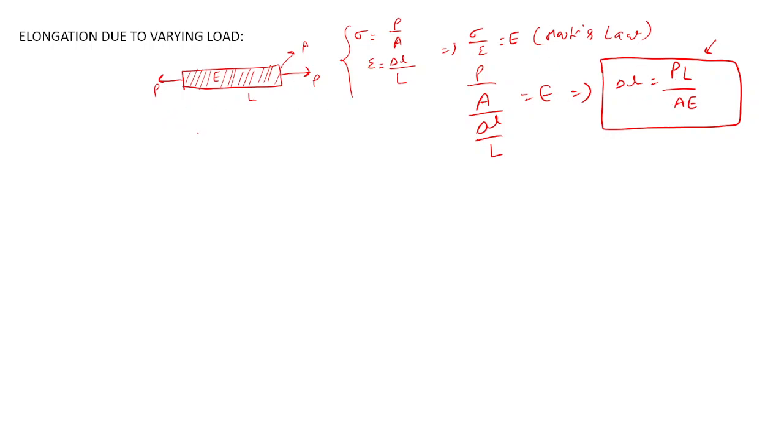But now cases will come when the area is varying, like a tapered bar, and for example the force will vary when we hang it vertically due to self weight. So here P would be a function of x, and in the tapered case the area is a function of x.